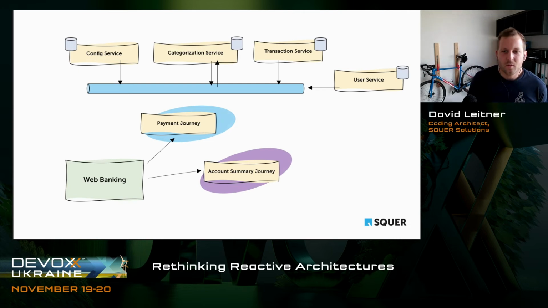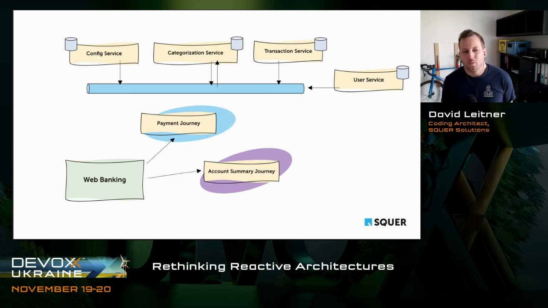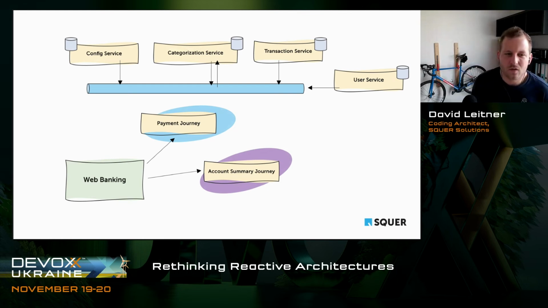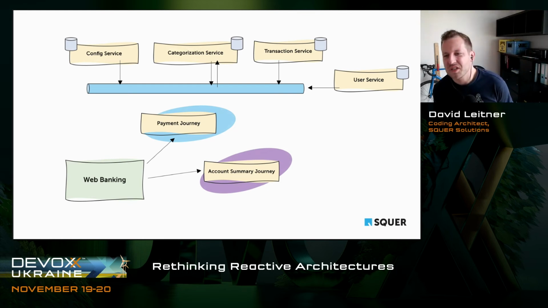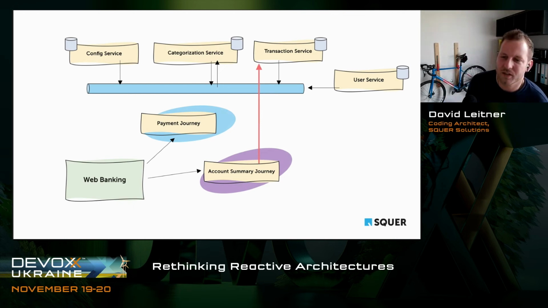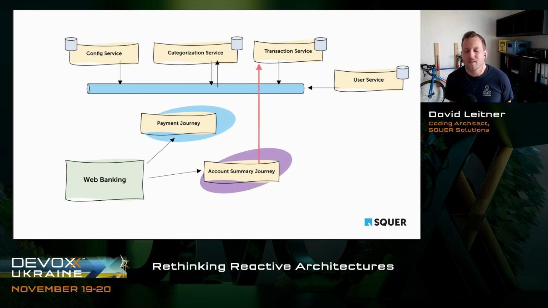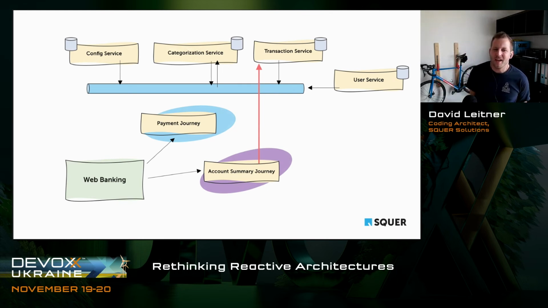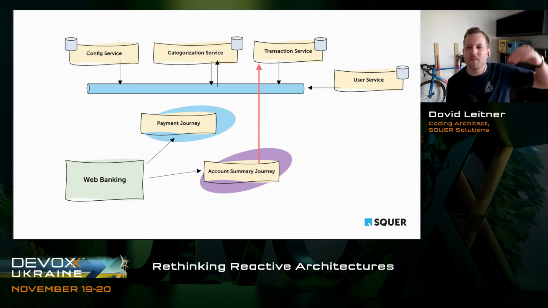And the next question is then what would happen if the account summary journey basically wants to see the current balance or see, I don't know, the latest 3 transactions? Would it go then directly to the transaction service? No, of course not. That's the big thing here now. That's what we want to avoid, this red arrow, this upstream dependency.